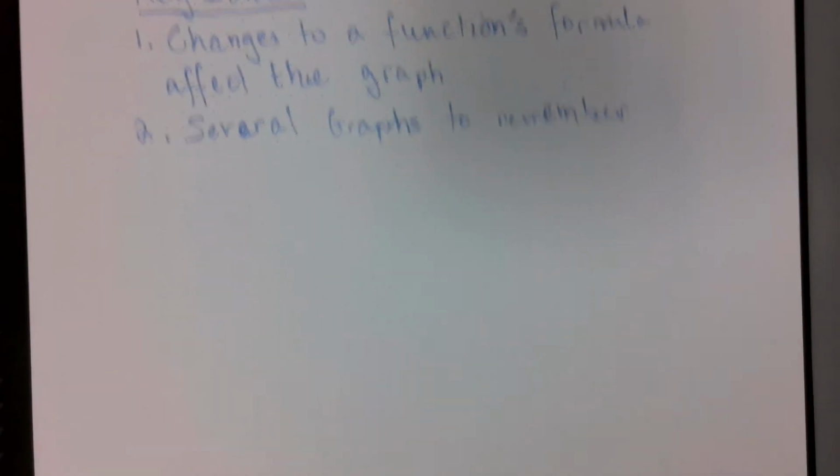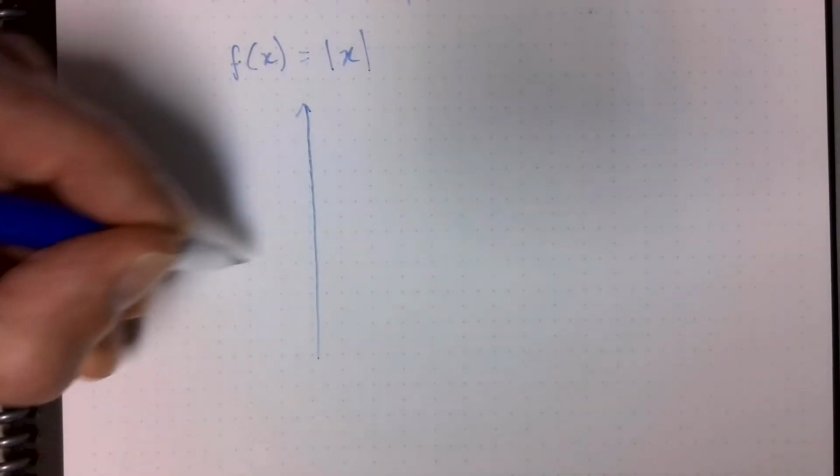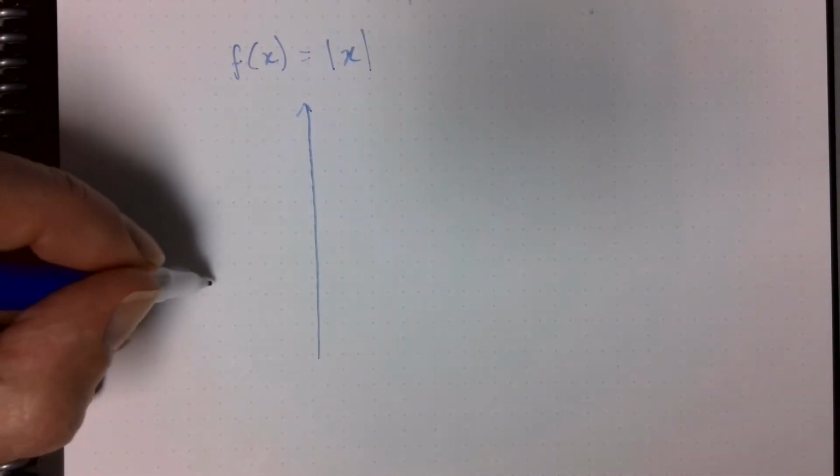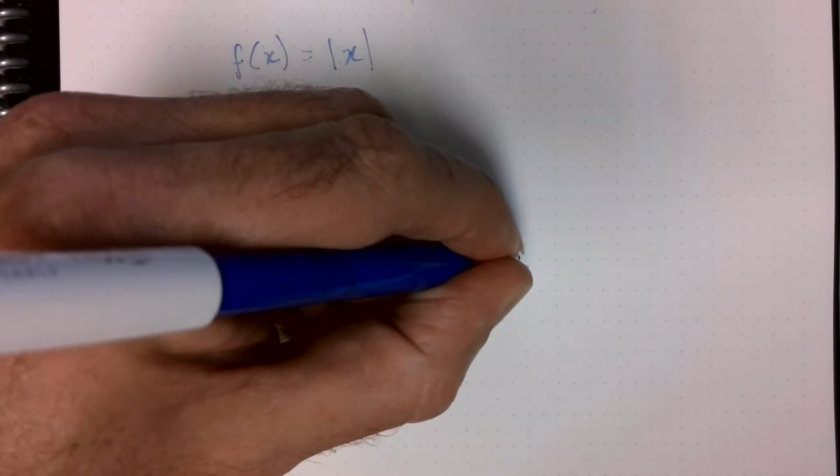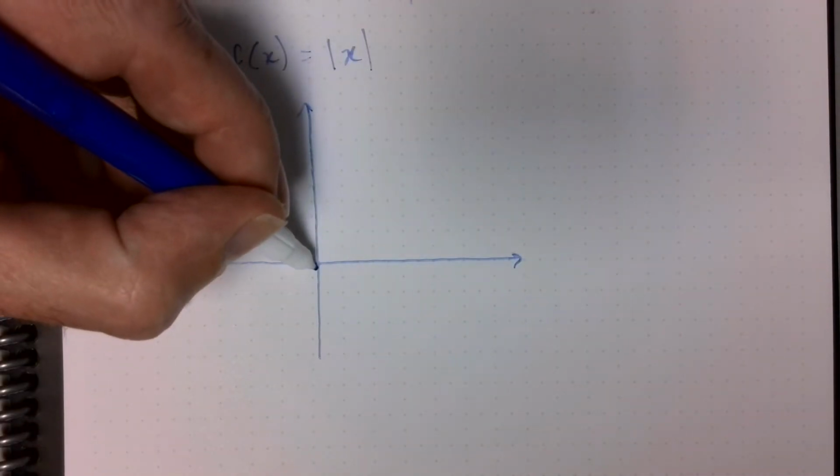So let's go and discuss the first of these several graphs to remember, and actually it's one we already know. It's the graph of f of x equals absolute value x. Okay, so I'll draw myself a grid right here.